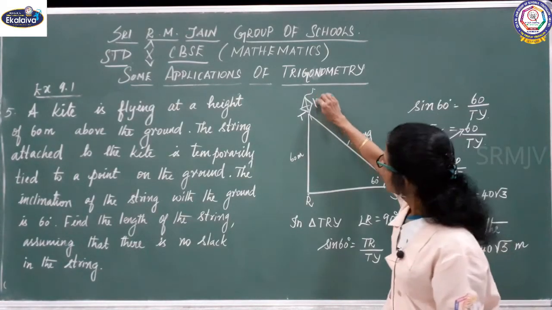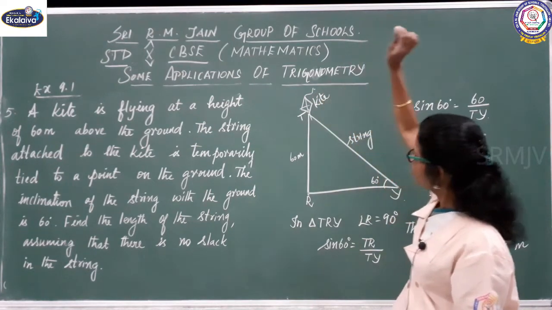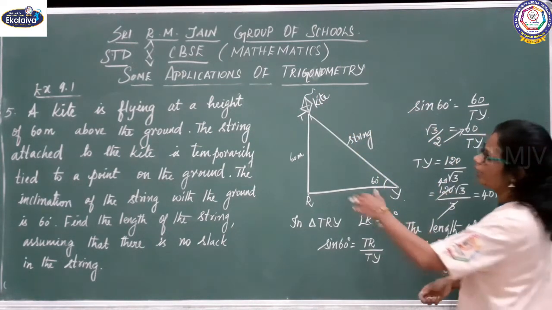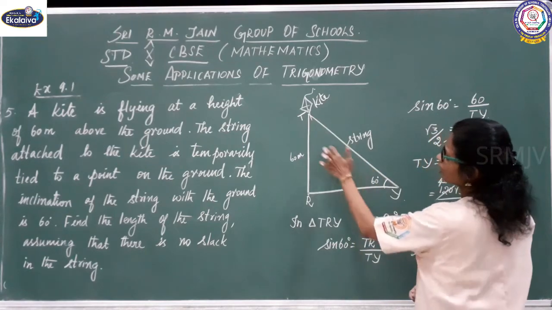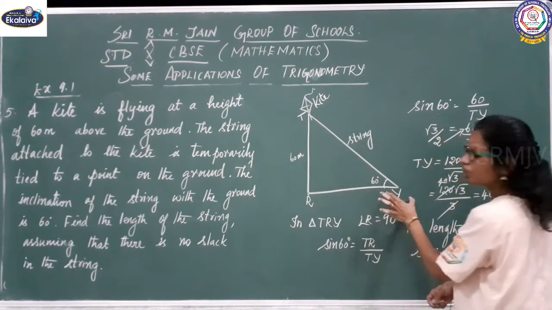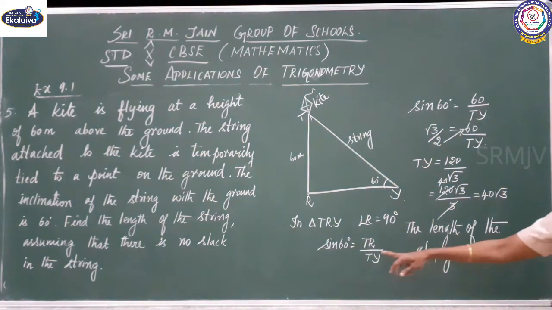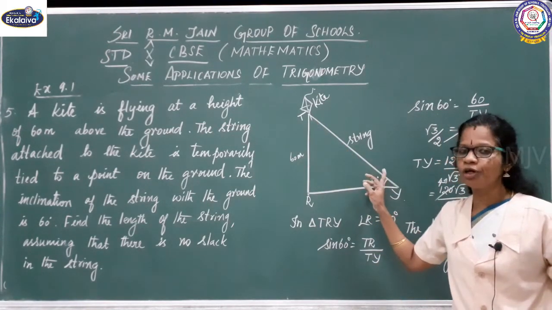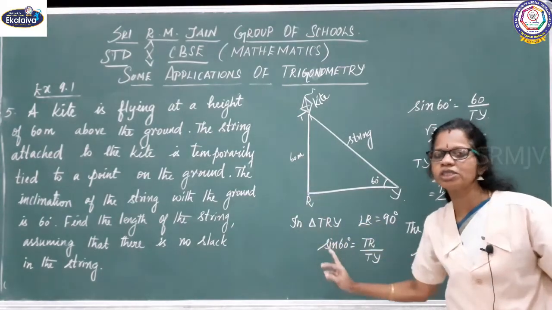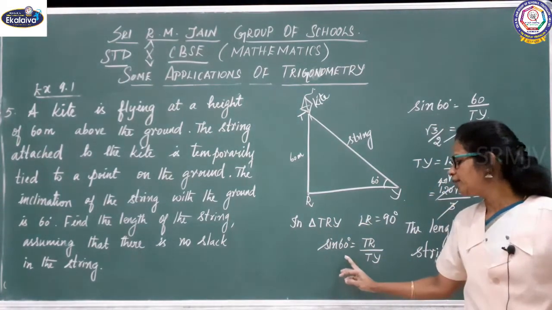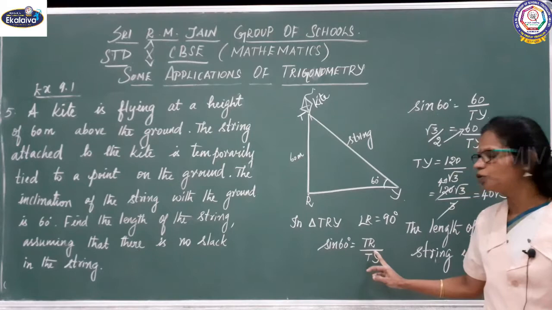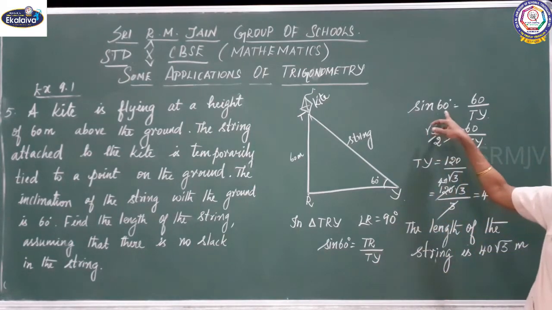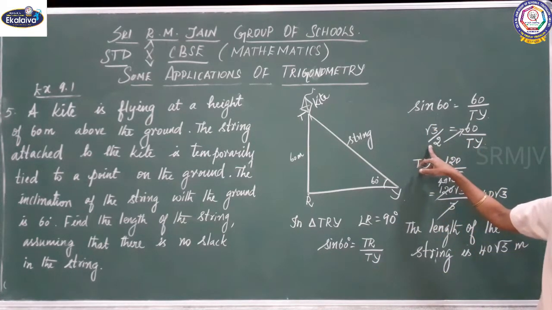This is our kite, right? They are asking to find the length of the string that it represented your TY. So, using trigonometry function that sine, because we want to find a hypotenuse, opposite is given. So, sine is useful to find the answer. Sin 60 equal to TR by TY. Sin 60 degree equal to root 3 by 2.